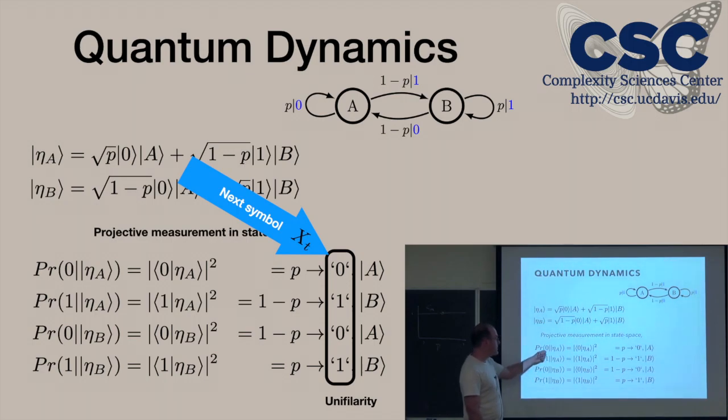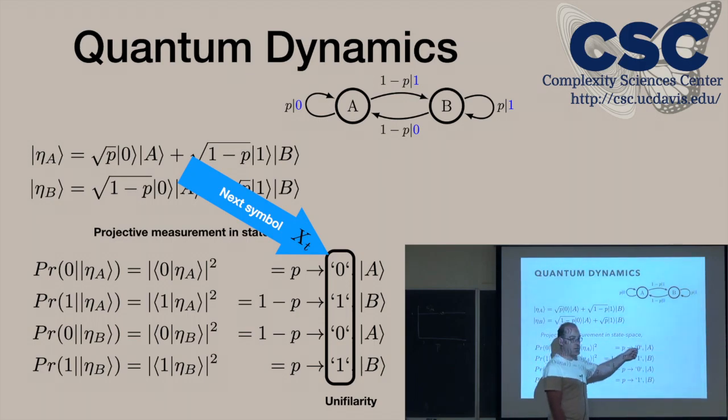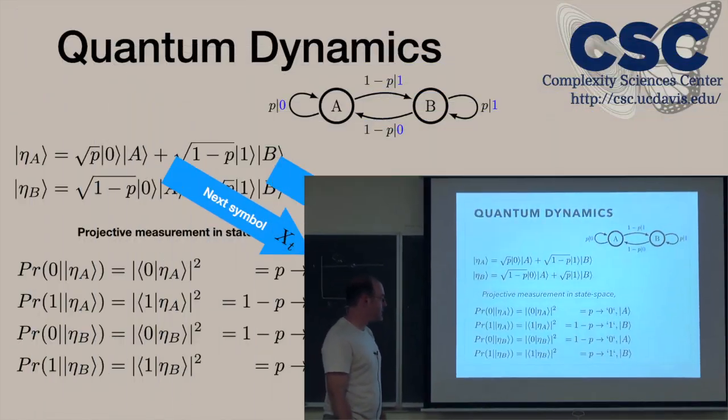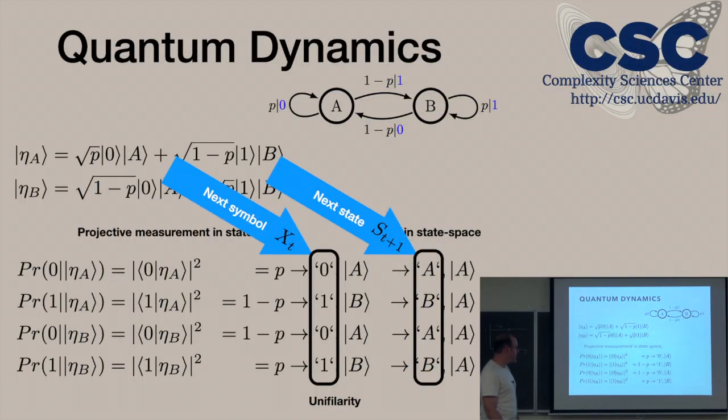So I find that the probability, at least according to these rules that I'm making up, of obtaining quantum measurement result 0 given this quantum state A, which is the analog of causal state A, is P. That is the same as the probability of seeing actual word 0 given actual causal state A. There's a correspondence here, which of course is by construction.